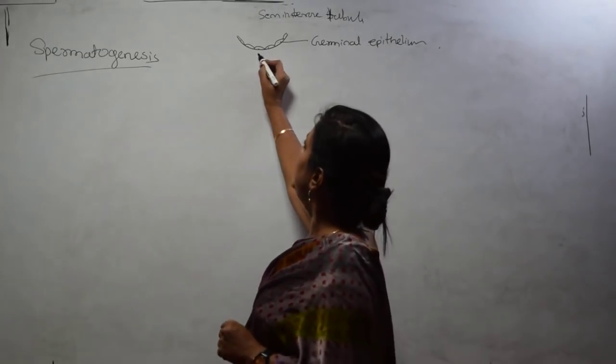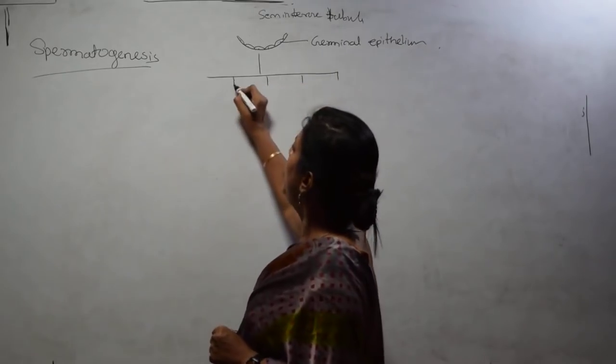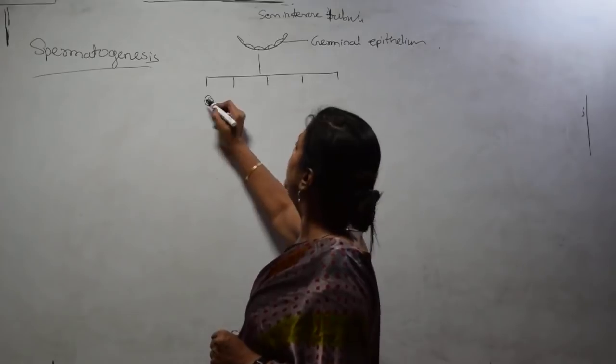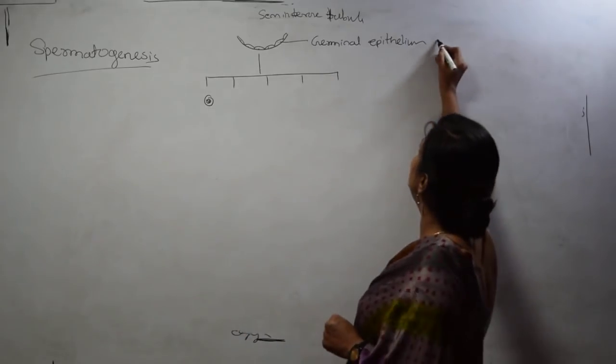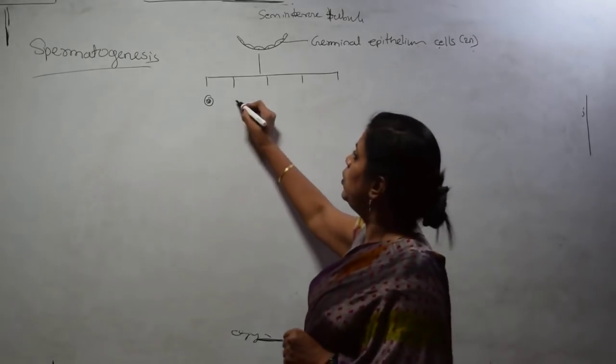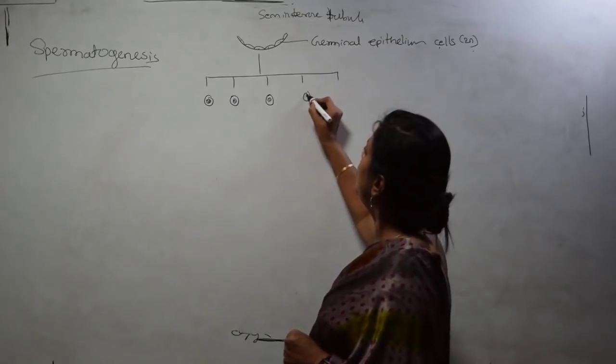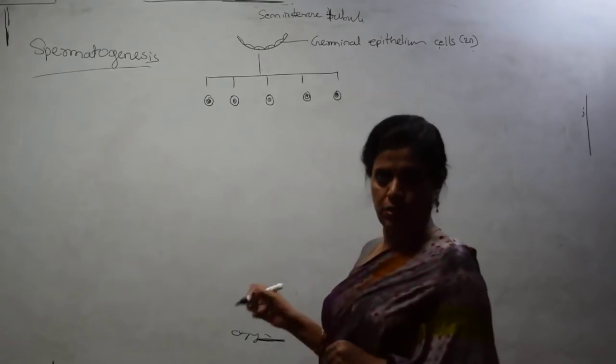Therefore, when they undergo cell division, a number of cells are formed, all diploid only, because the germinal epithelial cells are all diploid, they are 2n. Now what I am drawing is the multiple cells that are formed on mitotic cell division.